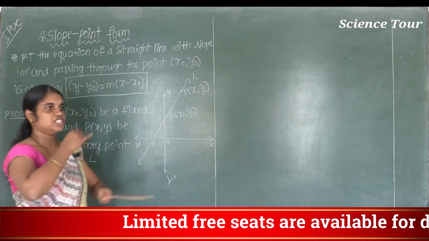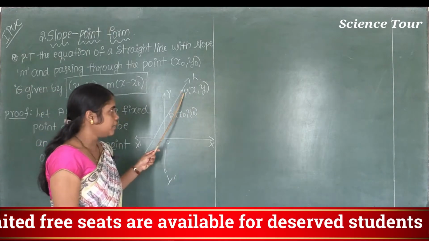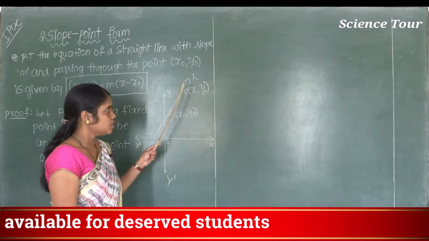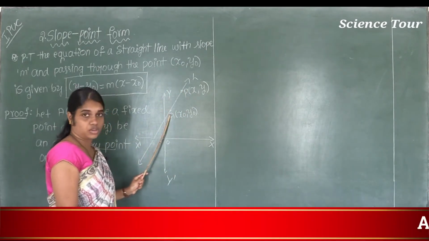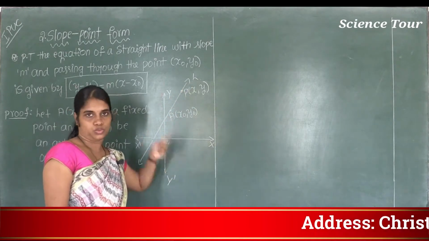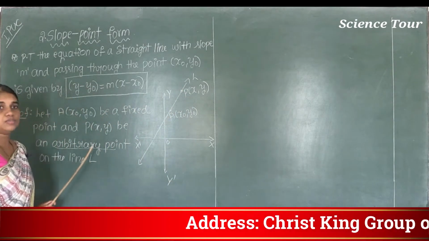Fixed point we can understand, but arbitrary point means it is a moving point. This point P will move, but this point A will not move, it is fixed. So arbitrary point means a moving point.